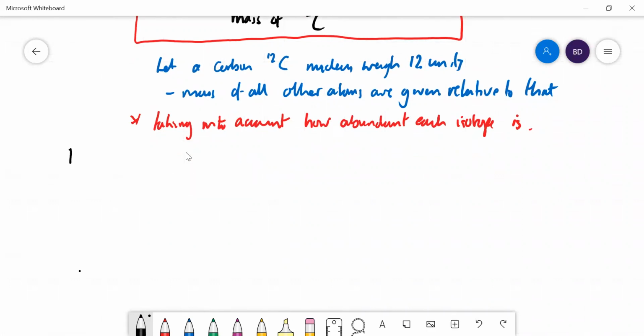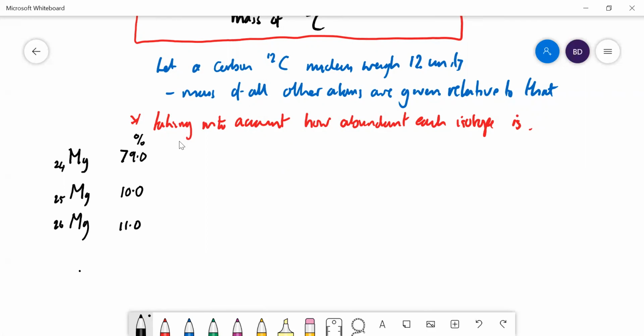Right, so magnesium is made up of 3 isotopes: 24, 25, it's got another neutron, and magnesium 26. The percentages of those are: magnesium 24 is 79.0%, magnesium 25 is 10.0%, and magnesium 26 is 11.0%.